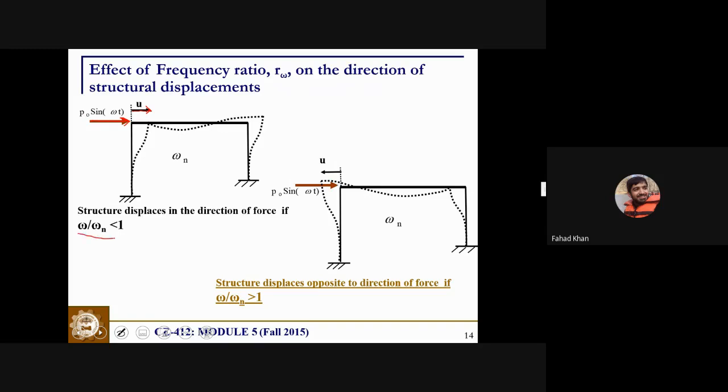And so we say that this is the case where omega over omega n is less than 1. But if you look at diagram number B, the structure has finally moved to a newer position, but the force is still applied in the same direction. So we call this out of phase displacement.